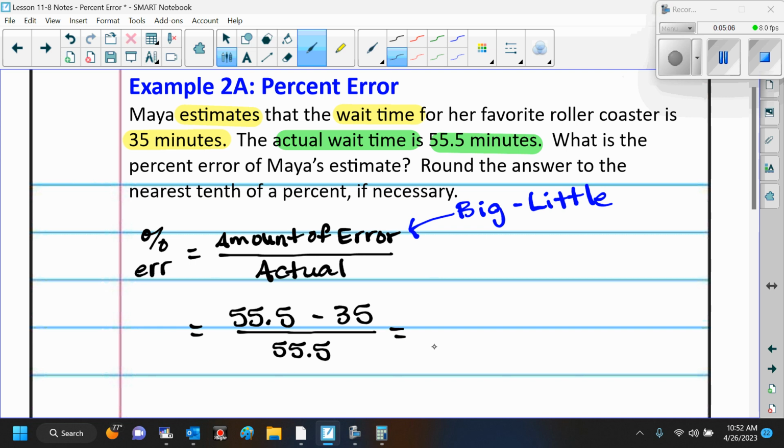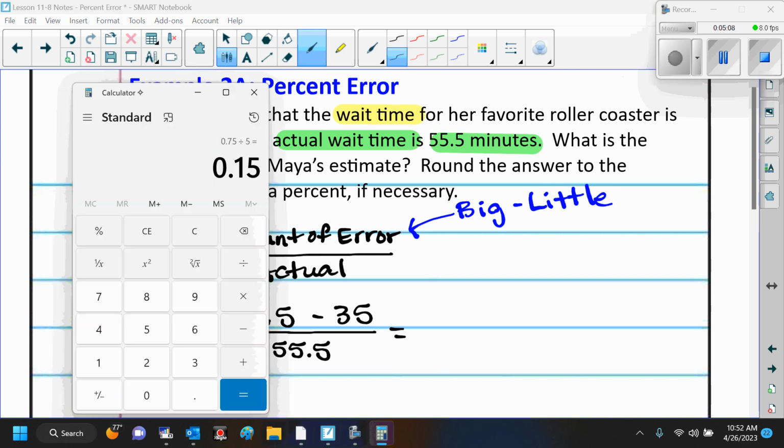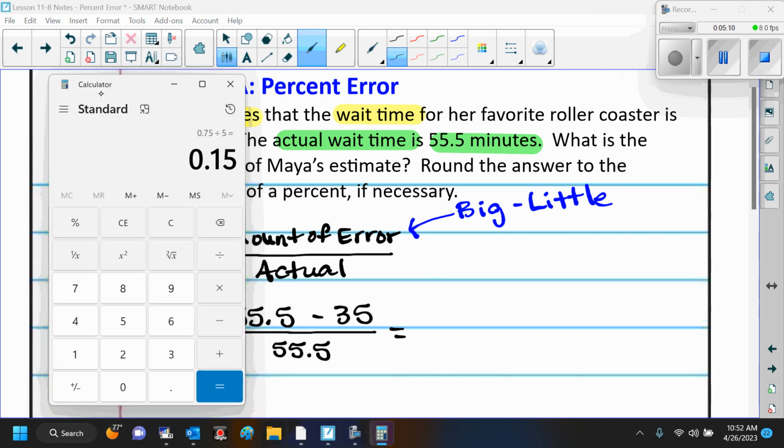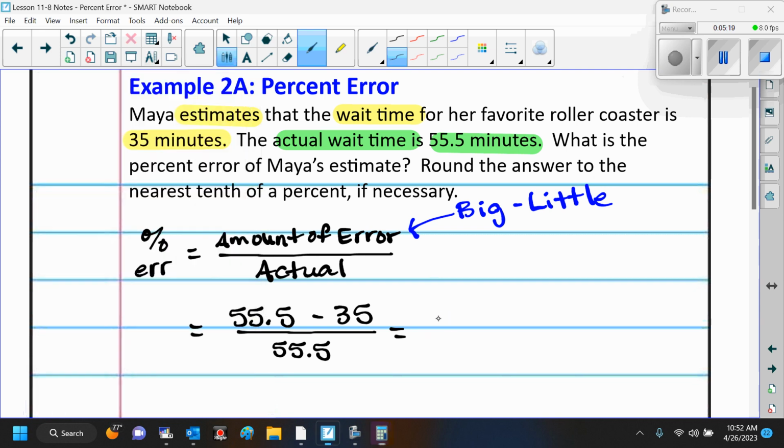Okay? And then we simplify. So let's see. 55.5 minus 35. What does that give you? 20.5. So that's 20 and a half divided by 55.5.